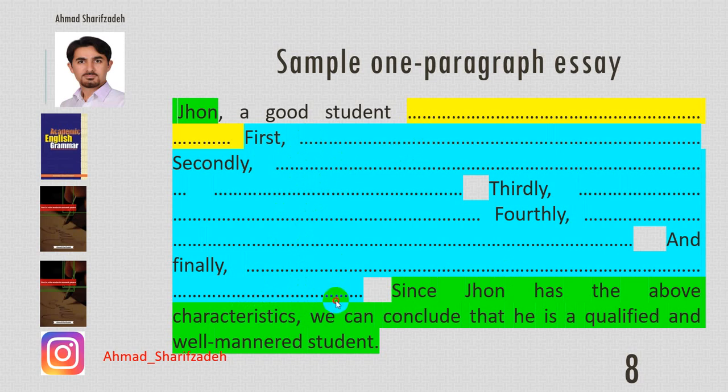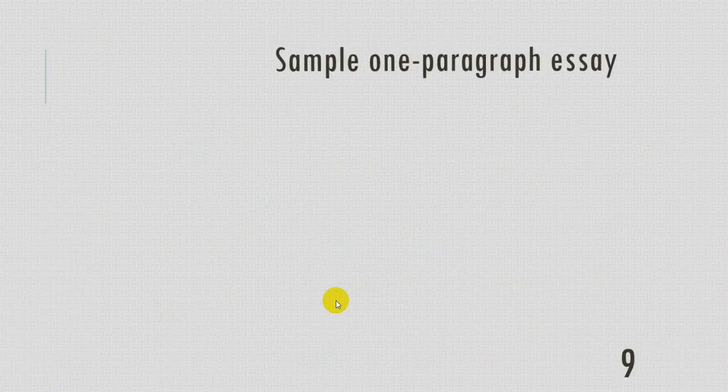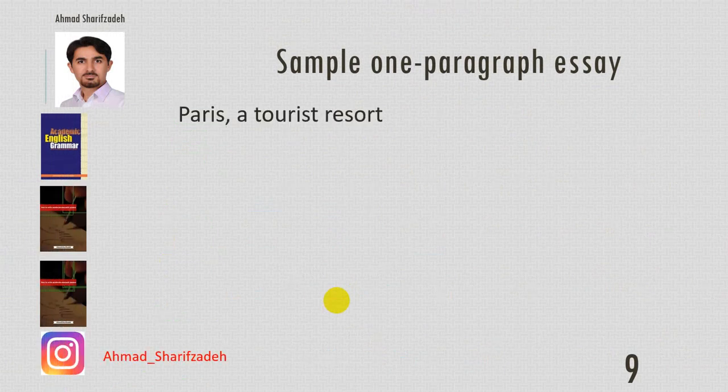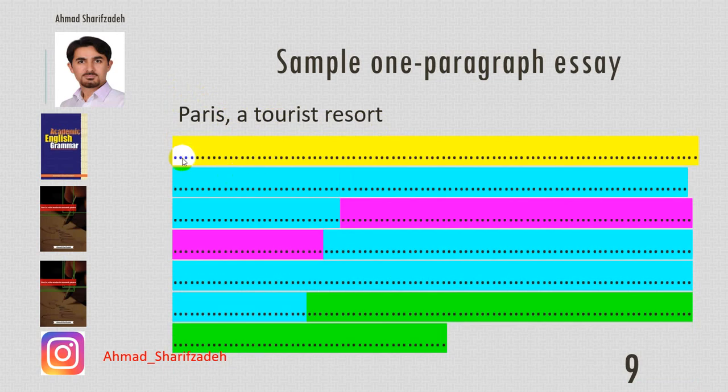Okay, let's look at the other example here. One paragraph essay, a sample one paragraph essay. You should fill out this form. It says that Paris is a good tourist resort. Okay, a tourist resort. You should make a topic sentence here.